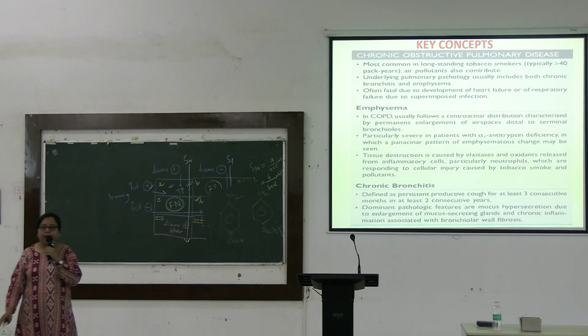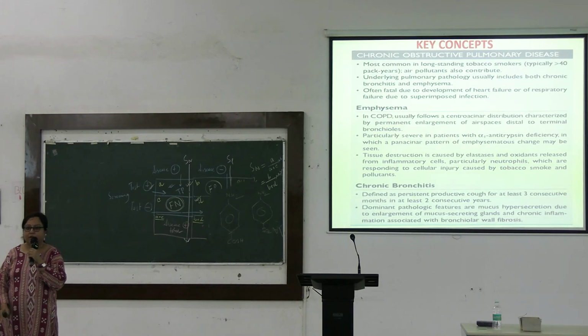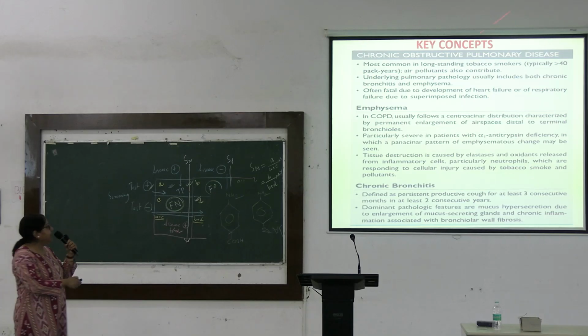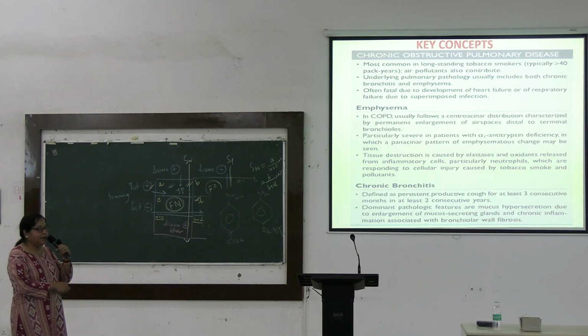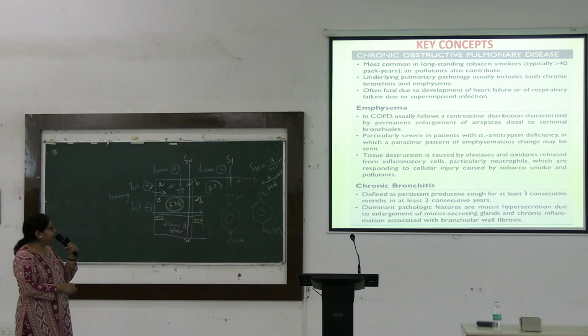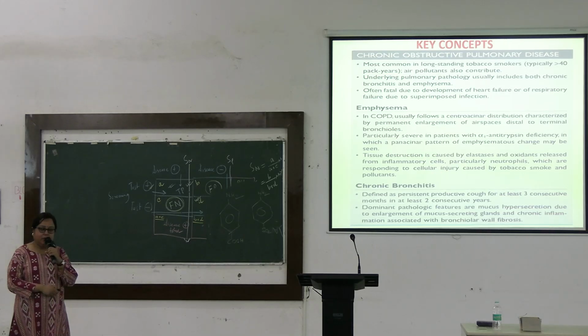So coming to the key concepts. We have learned about COPD. So what are the key concepts? The key concepts are, it is most common in tobacco smokers. That is very important. And in emphysema, there is centroacinar distribution, permanent enlargement of airspace. This is important. And there will be tissue destruction caused by elastase and oxidants released from inflammatory cells, particularly neutrophils.